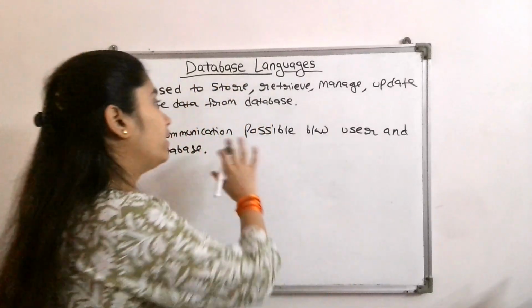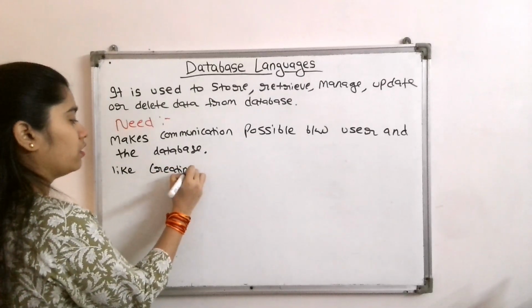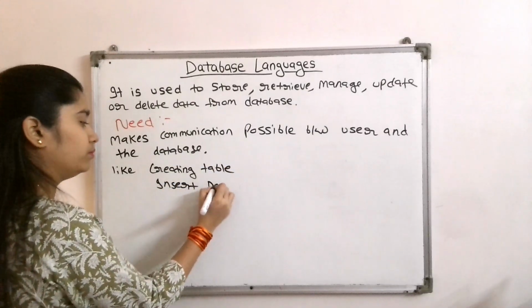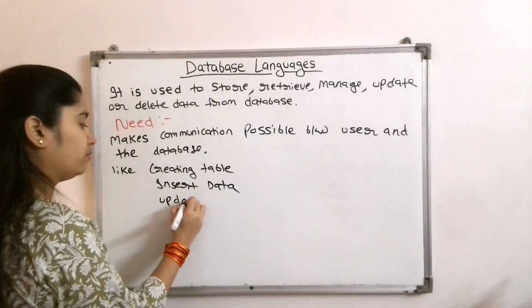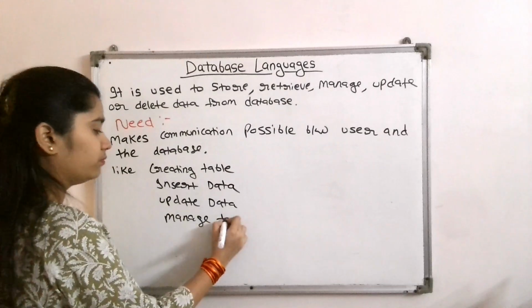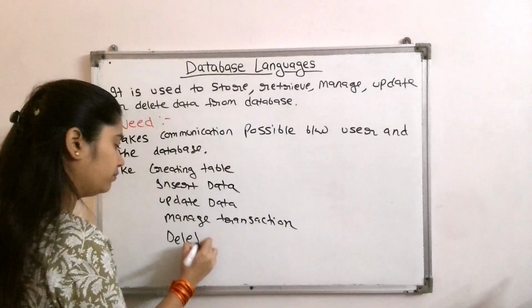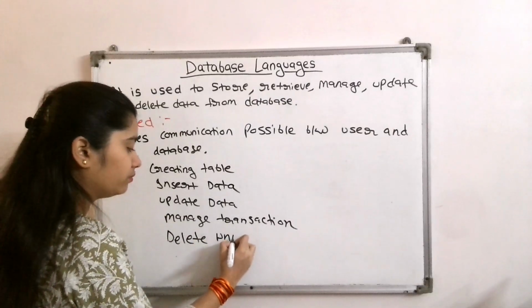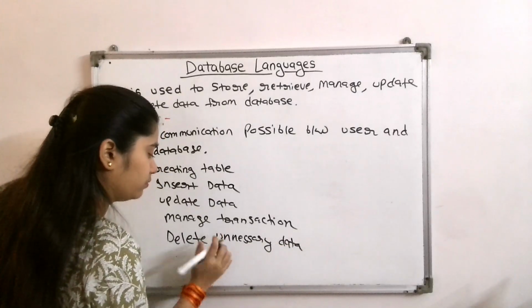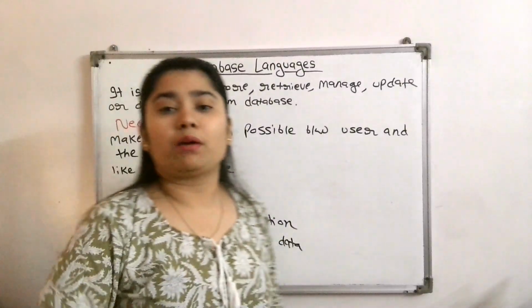What tasks can we perform with the database languages? Like creating a table, inserting data, updating data, managing transactions, or deleting unnecessary data, etc. So these are some of the tasks we can perform using the database languages.